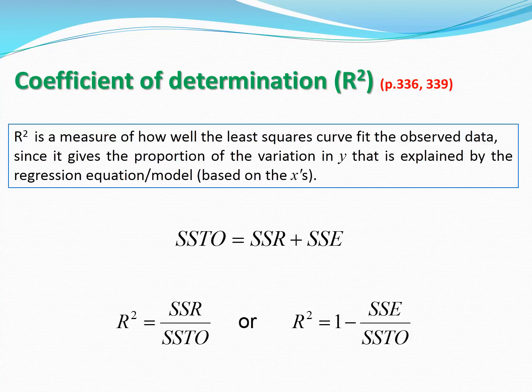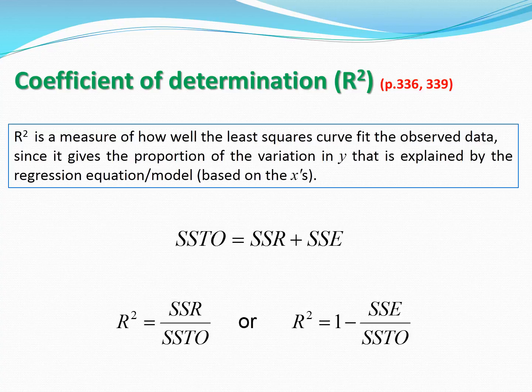Now your total variation in y, which is denoted by SSTO, that stands for the total sum of squares, consists of two parts, the SSR and the SSE. The SSR is our regression sum of squares, and this is the explained variation in y. Since this variation is the part of the regression equation that explains y based on the x's, and SSE is your unexplained variation in y, and it stands for error sum of squares.